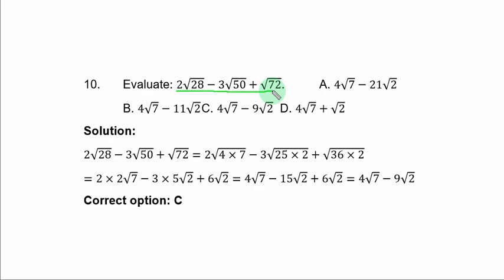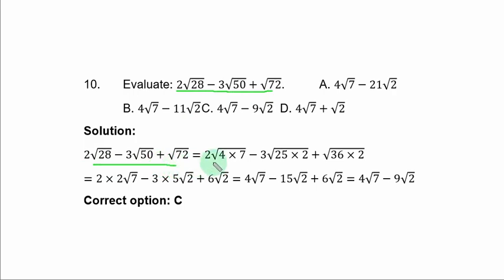You don't start with that. You have to ensure that the given numbers are expressed in simplest form. Now in 28, you look for one of its factors that is a perfect number. The same thing you do for 50 and 72.